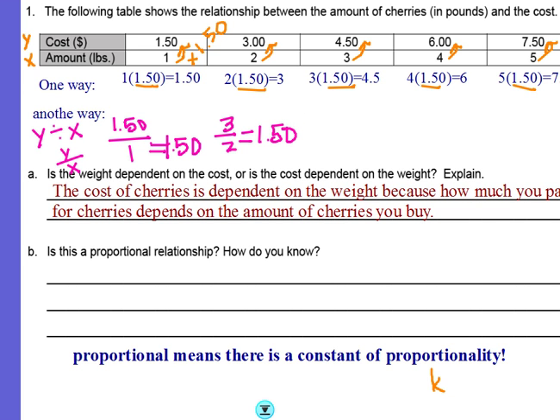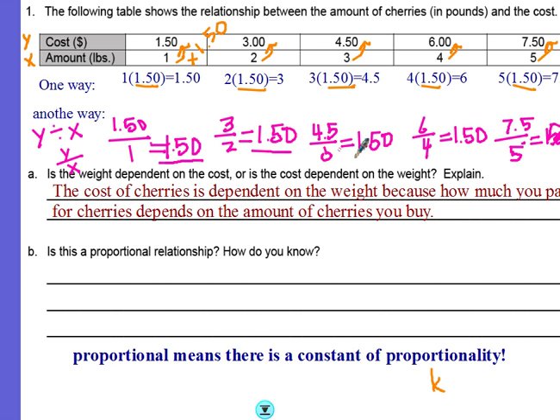If you do it for the rest of them, 4.50 divided by 3 is 1.50, 6 divided by 4 is 1.50, 7.5 divided by 5 is 1.50. That should be 5 here. So, yes, you can use the calculator to find this, but again, the constant of proportionality is 1.50 because y divided by x is always 1.50.